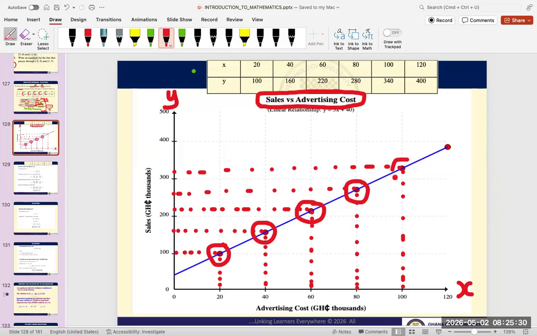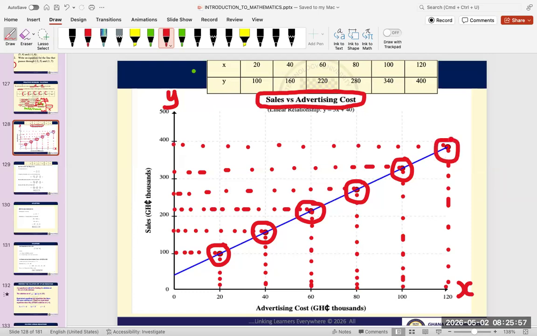So this becomes our fifth point. And then the final point, when x is 120, y is 400. So you have the last point.